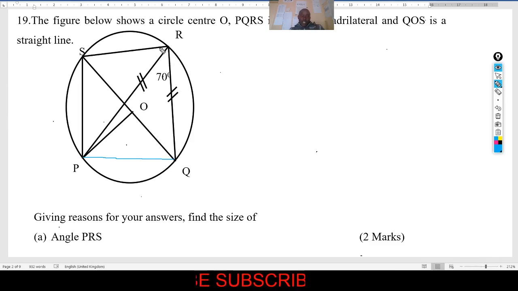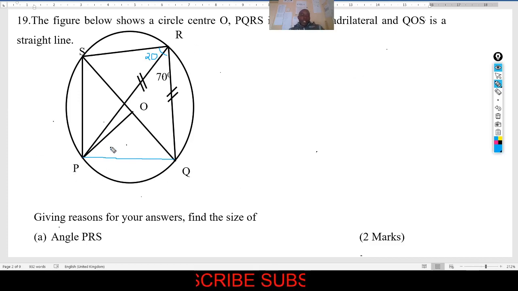So the angle here is 90, and because this is 70, this is 20. This is also 90 here, because this is still a diameter. That is a property of a circle: the angle subtended at the circumference by a diameter equals 90 degrees.